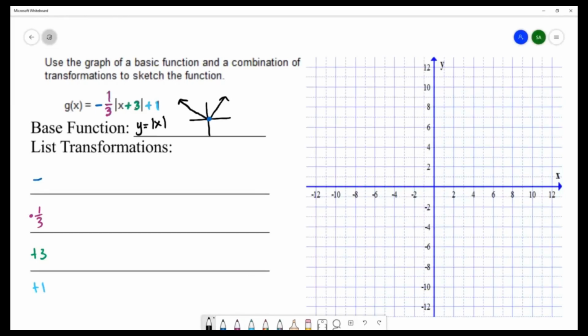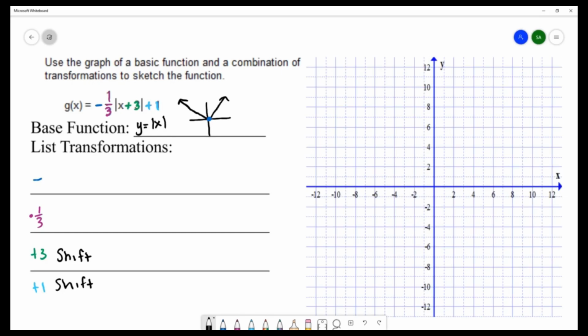So when we're looking at these operations, there are 3 different operation categories that we're looking for. Adding and subtracting is in one group, and adding and subtracting indicates that we have a shift. So both of these, the +3 and the +1, are going to be shifts in the graph.